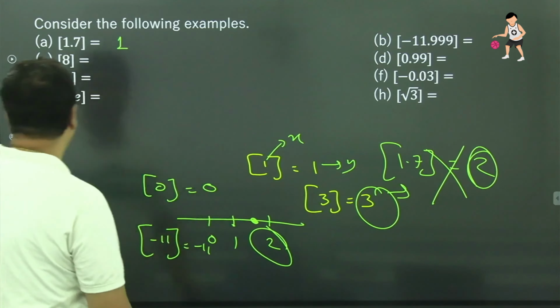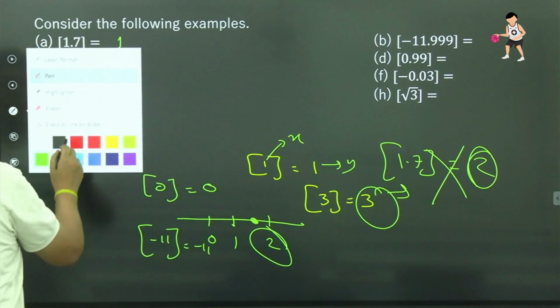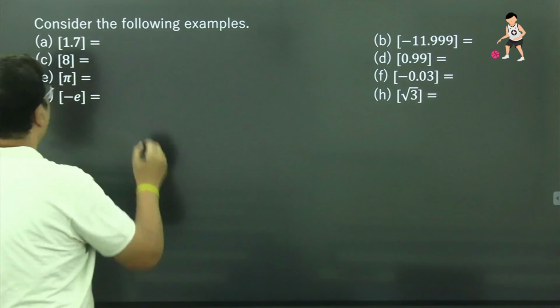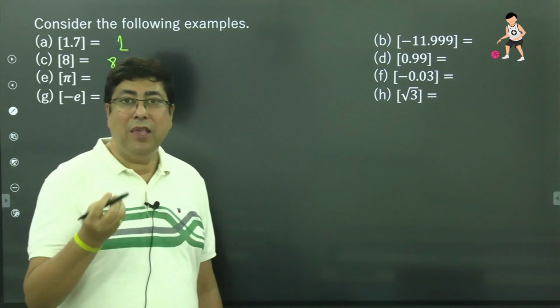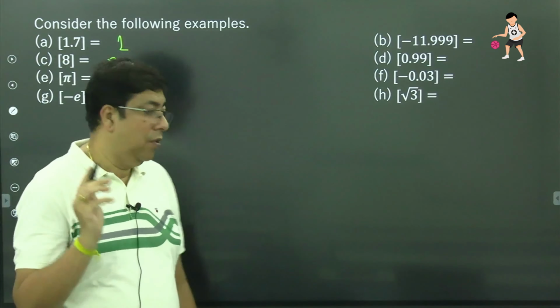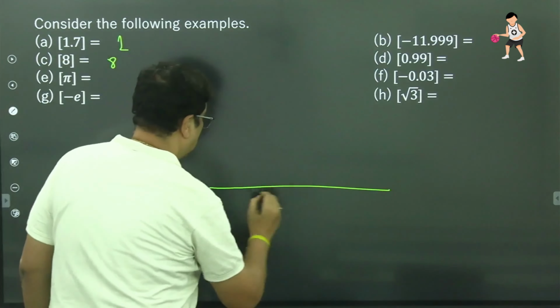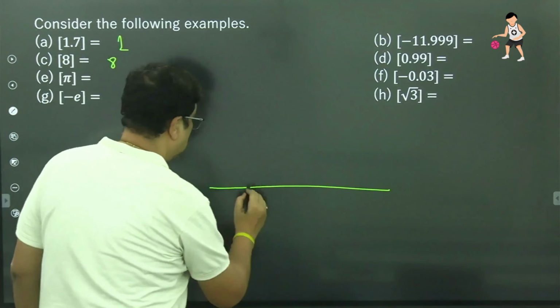Let us apply this. Box of 1.7 is 1, box of 8 is 8, box of pi is approximately 3.14. Just see, this is 0, this is 1, this is 2, I am drawing the number line, 3, this is 4, this is infinity and this is minus infinity.